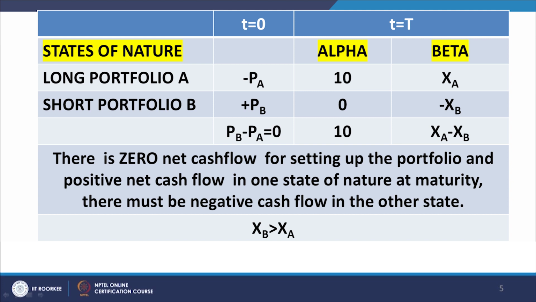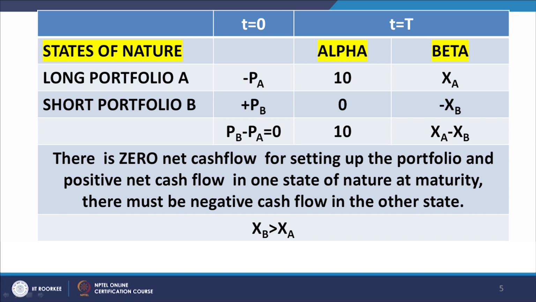And as far as portfolio B is concerned, it gives us 0 if state alpha materializes, and it gives us minus XB if the state beta materializes. Why minus XB? Because we are short in portfolio B. So, while PB is positive, XB will be carrying a negative sign because it is a short position.